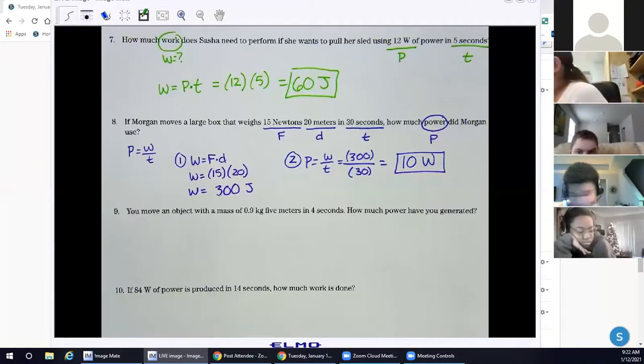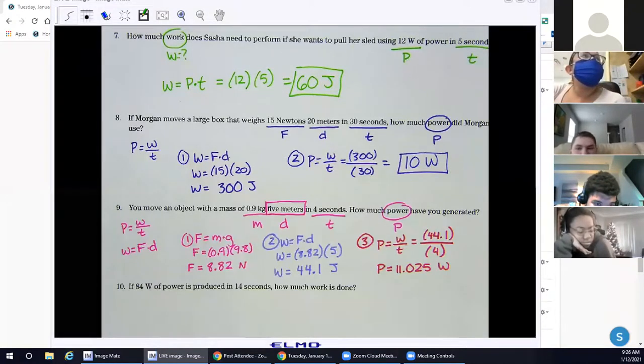Because you have mass right there, kilograms, you need to change the kilograms to newtons. So I got 44.1. And then power is work divided by time. So I divide 44.1 by 4 seconds, and it's 11.025. Oh Gabe, what did you do? Yeah, I just did it again. I might have put something in wrong.